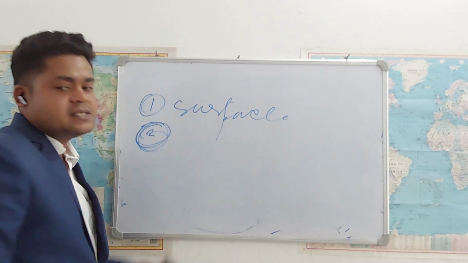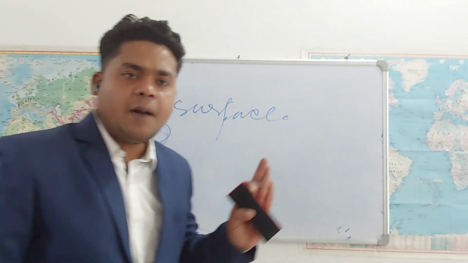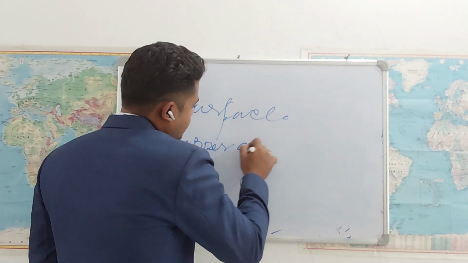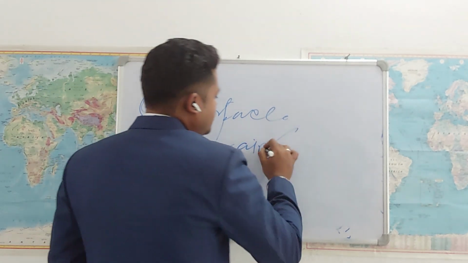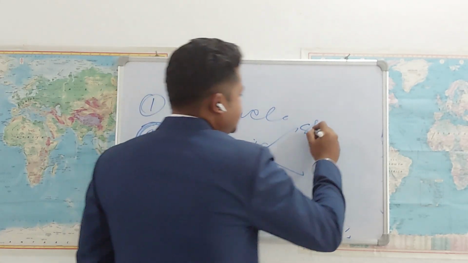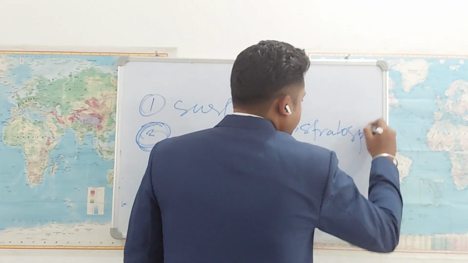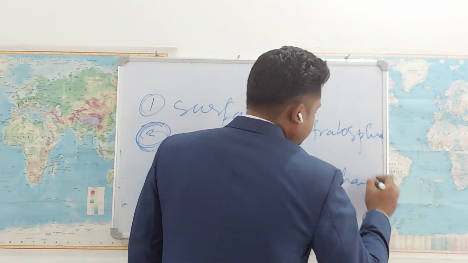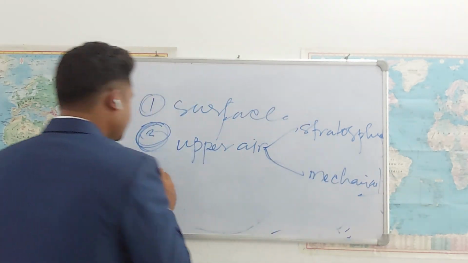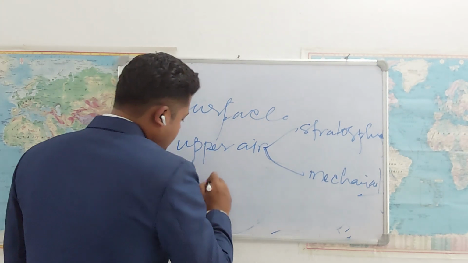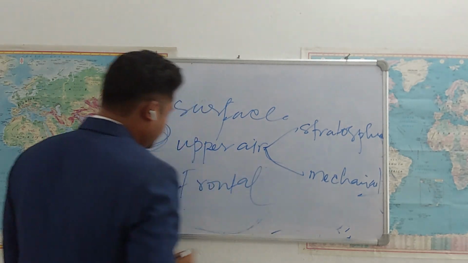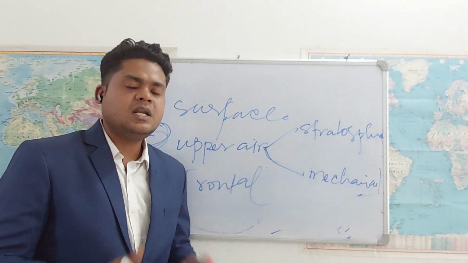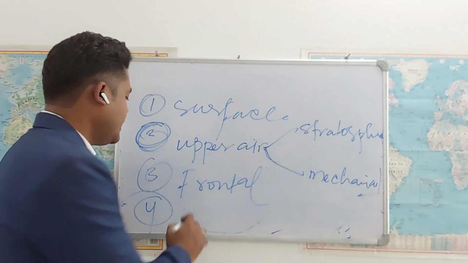First is surface, second is upper air. There are basically 2 reasons behind it: one is the stratosphere and another one is mechanical. Then comes the frontal, and the last one is known as valley.